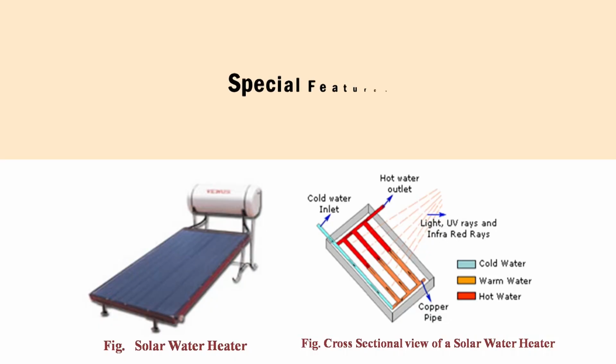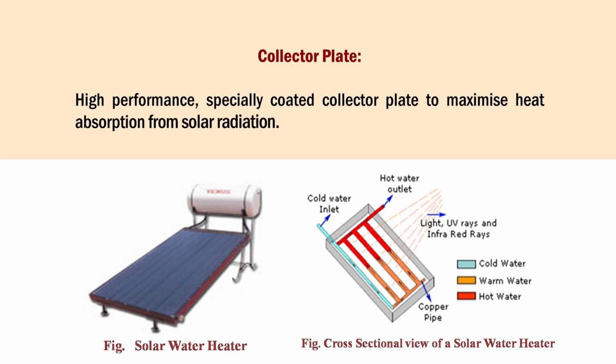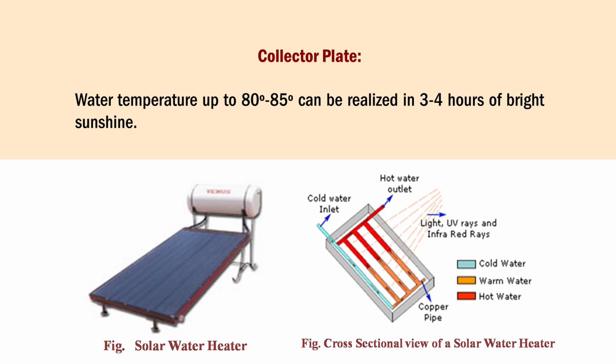So the special features of the solar water heater are: one is the collector plate. The special feature is that it has a high performance, specially coated collector plate to maximize the heat absorption from the solar radiation. Then, water temperature of up to 80 to 85 degrees centigrade can be realized in 3 to 4 hours of bright sunshine.